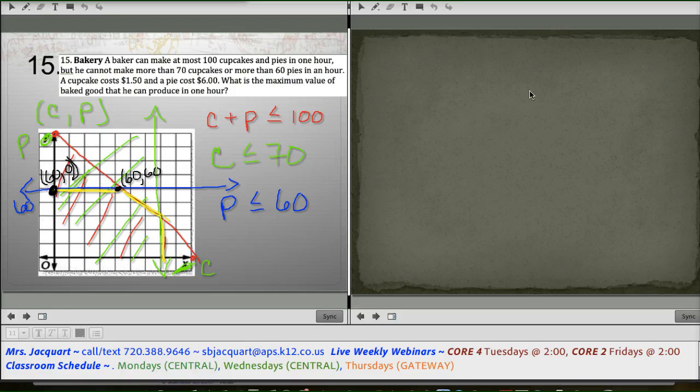Can't be 60, 60, has to be 60, 40. And then this one is going to be 70, 30. And this one is 70, 0. So we have 4 things.